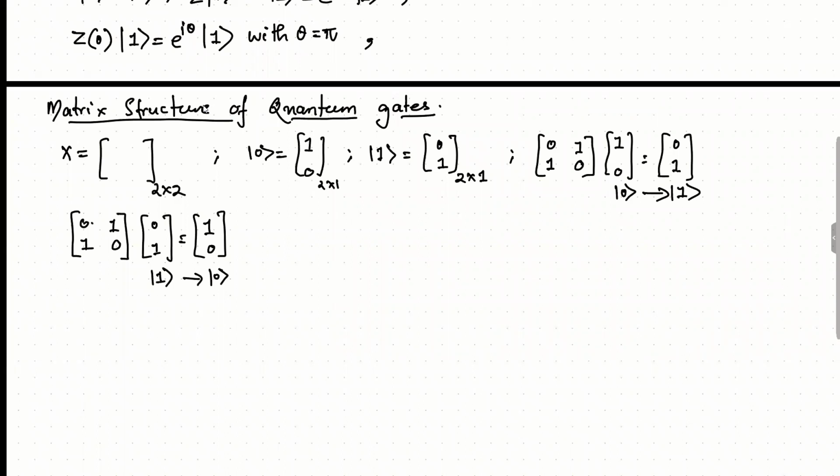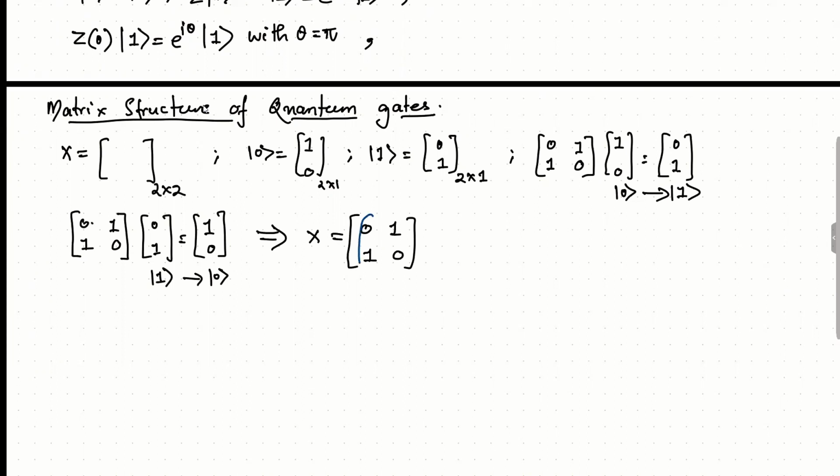It's easy. My point is, because of this, the structure of the X matrix is the following. It is a 2 cross 2 matrix with these values. And you can check that X square is going to be 1 as well. Yeah, so this is the matrix structure. There's also an intuitive way of looking at it.